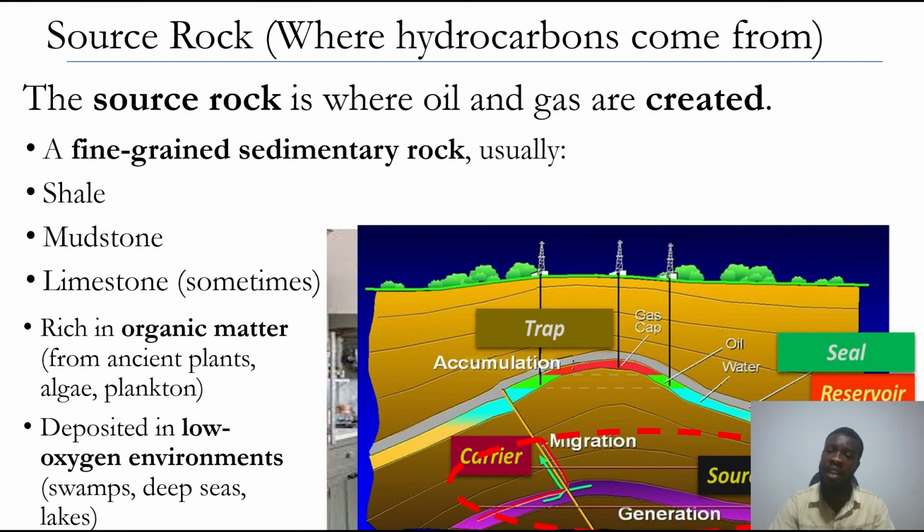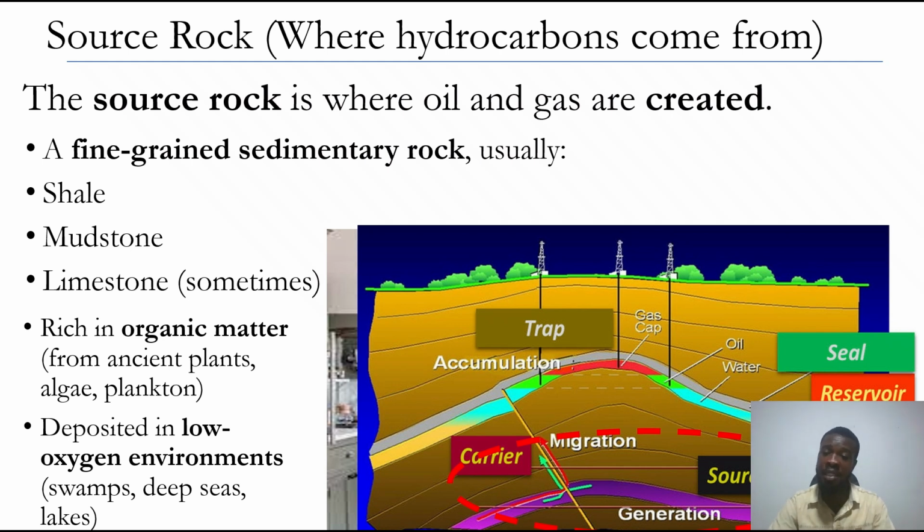We want them to be preserved, and so for that to happen, the environment should have very low oxygen content to prevent decomposition of our organic matter. Environments that have this condition are swamps, the deep sea, and also lakes. And so when all these ingredients come together, then we have the generation of hydrocarbon.